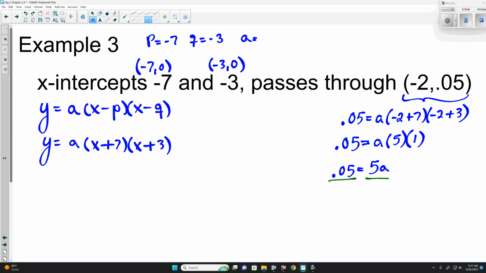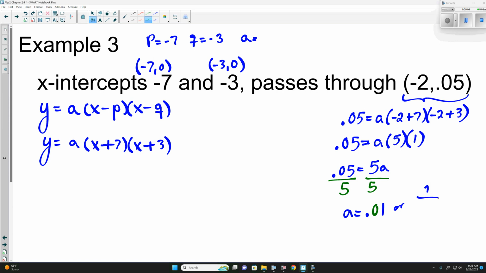Lastly, we need to divide both sides by 5. 5a divided by 5 would be 1a. 0.05 divided by 5 is 0.01.